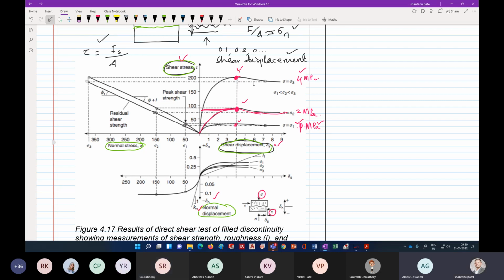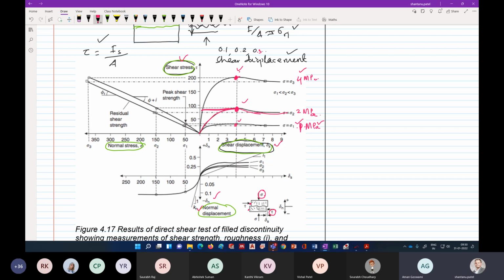Yes. So what I was saying is, when you gradually increase the shear load on this specimen after applying the vertical normal stress, there is a relative motion. This point and this point were in the same vertical line before.